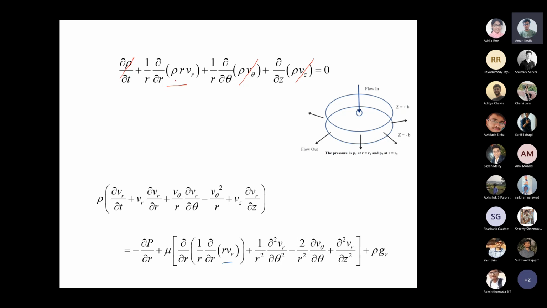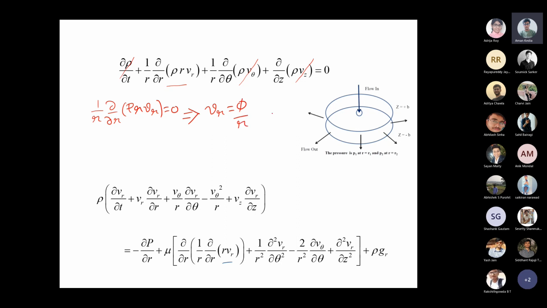So if that's the case, then 1 by r d/dr of, in fact rho r vr, this becomes equal to 0. I should have used the normal differentiation signs. There's no reason to write partial differentiation signs. So this would give rise to my vr being something like phi by r.